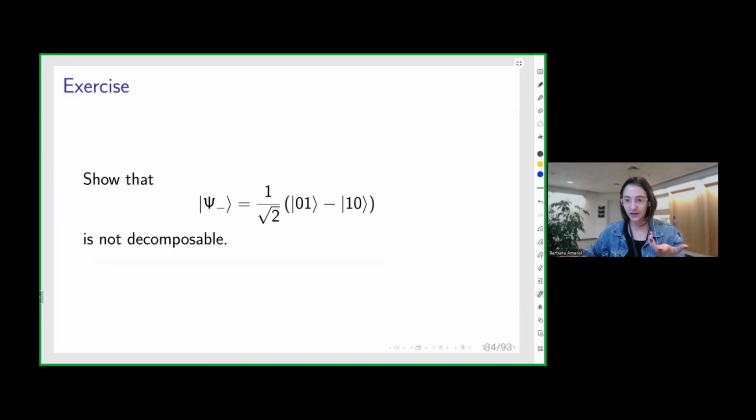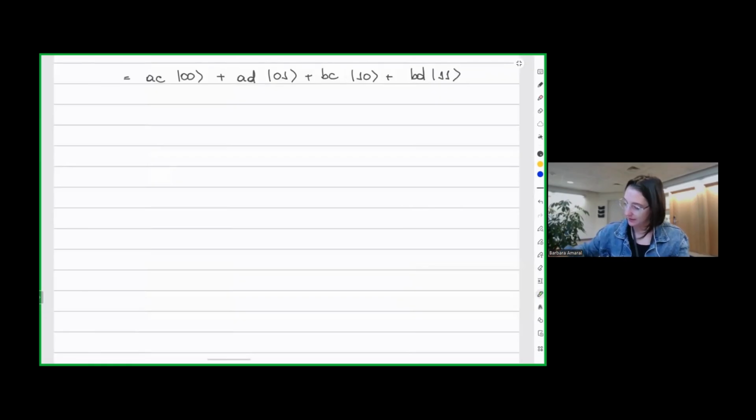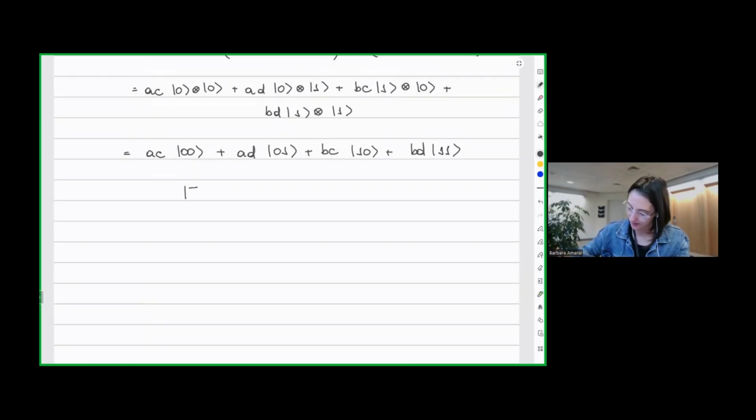So let's check that. The vector that we have is psi minus, which is 1 over square root of 2 times (01 minus 10).